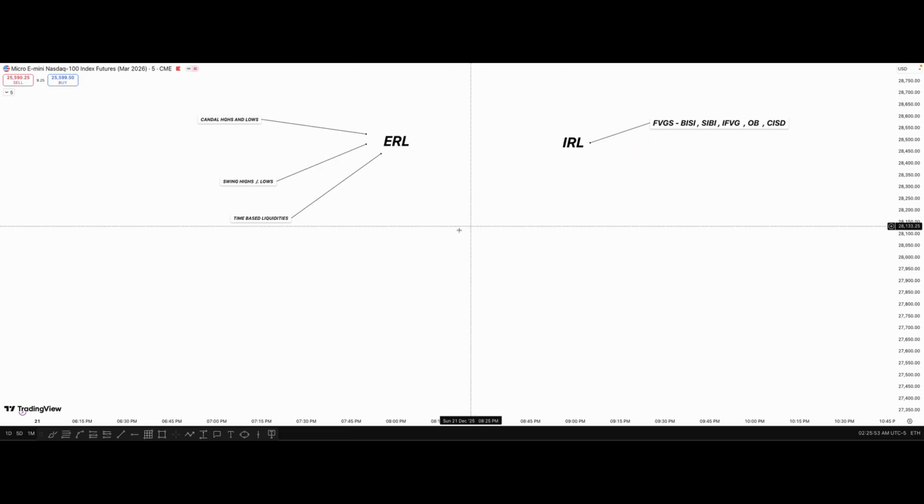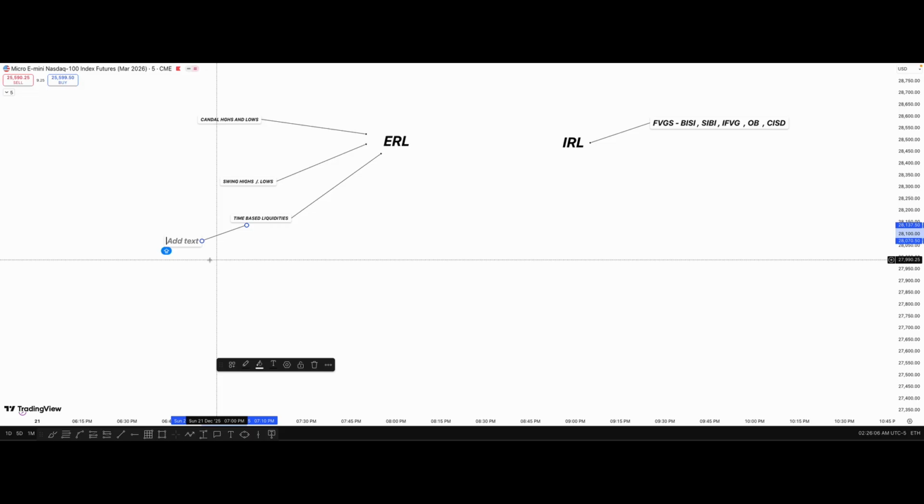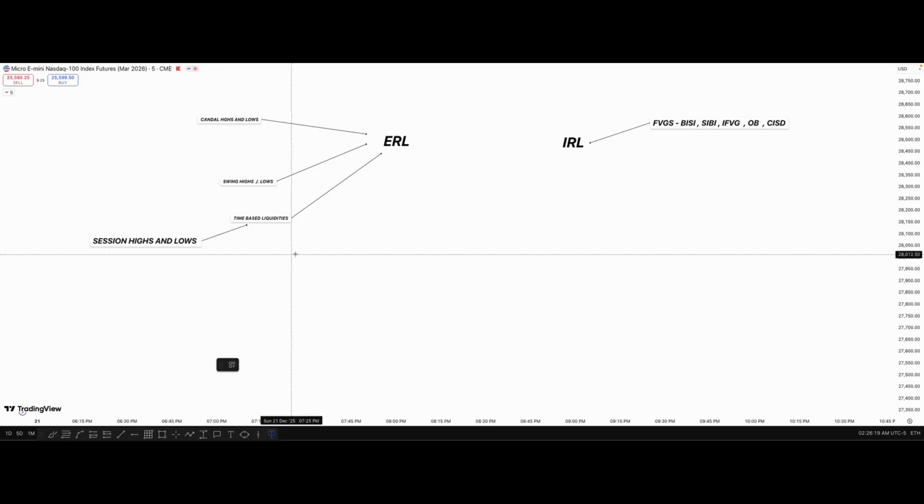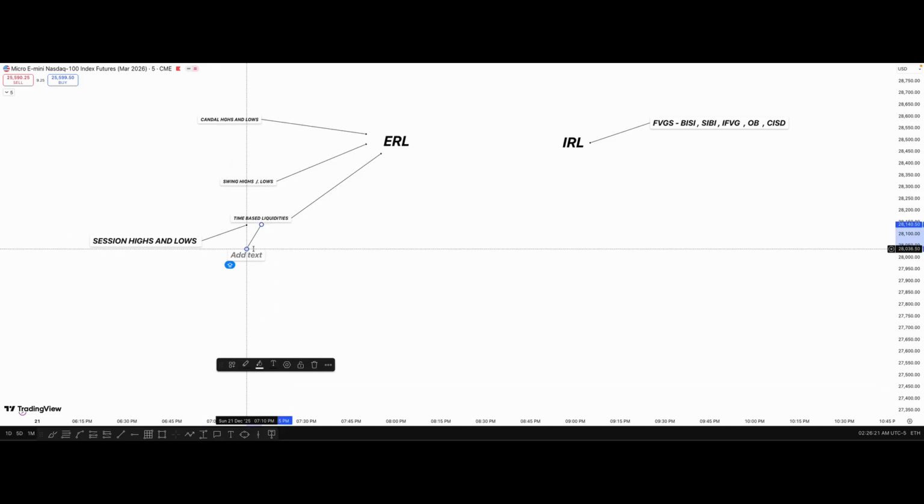Now we know what candle highs, candle lows, swing highs and swing lows are. What are time-based liquidities? In time-based liquidities there are different things. The simple way to understand is every session high, session low. What else? Previous day highs, which is your daily range high, your daily range low, and what?